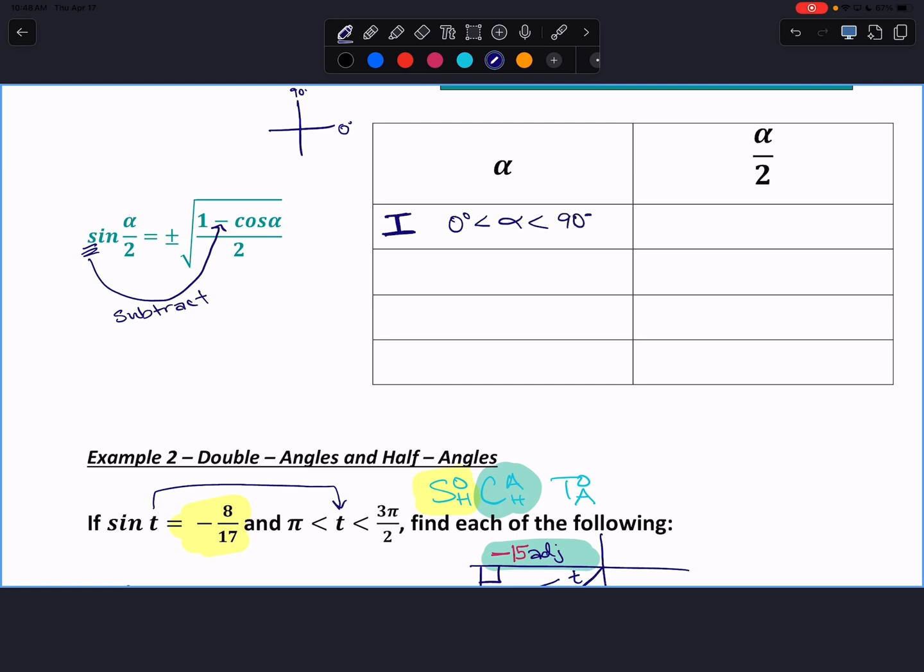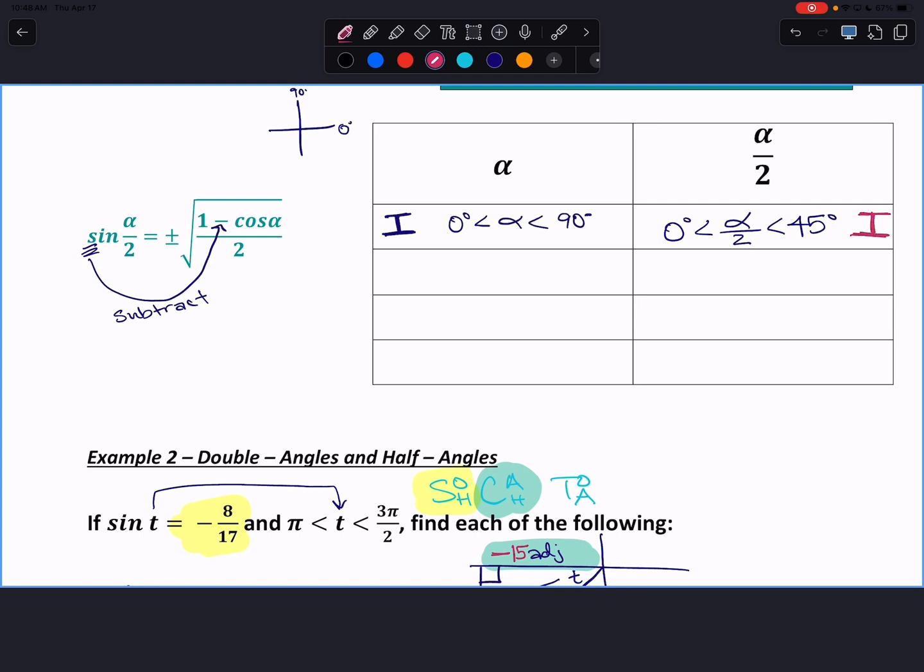So if you have that angle, then alpha over 2 means 0 divided by 2, which is 0. 90 divided by 2 is 45. So if your half angle is between 0 and 45, what quadrant are you in? The first. So if you start in the first quadrant, you're going to end in the first quadrant.